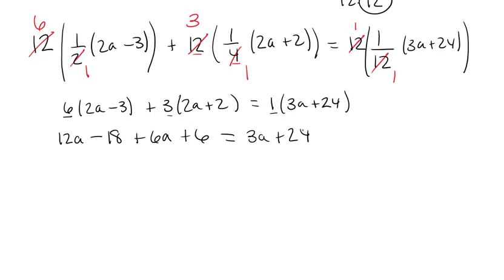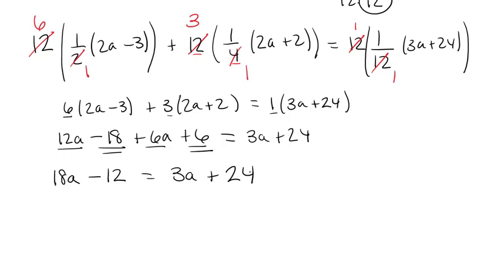Now we need to simplify on the left-hand side. We can add these together, and we can add these together. So we're left with 12a plus 6a, that's 18a, minus 18 plus 6, so that's minus 12, and that is equal to 3a plus 24.